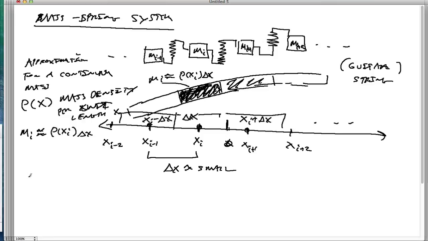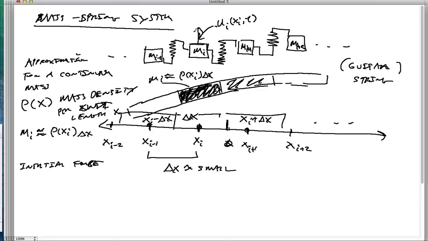All right, so we'd like to write down what's going on here. Just like before, we have an inertial force. We can define u of xi comma t to be the position of mass i.